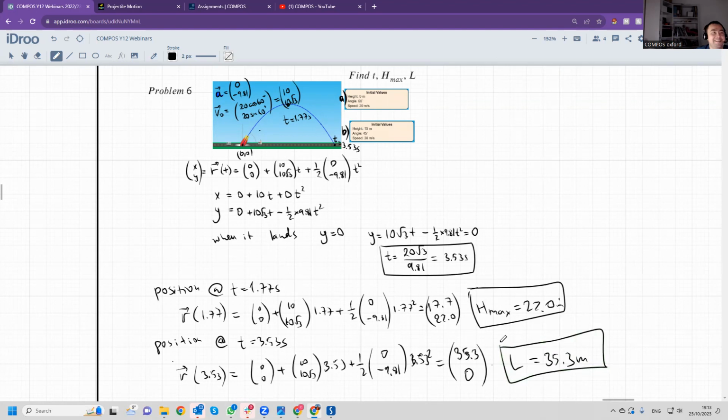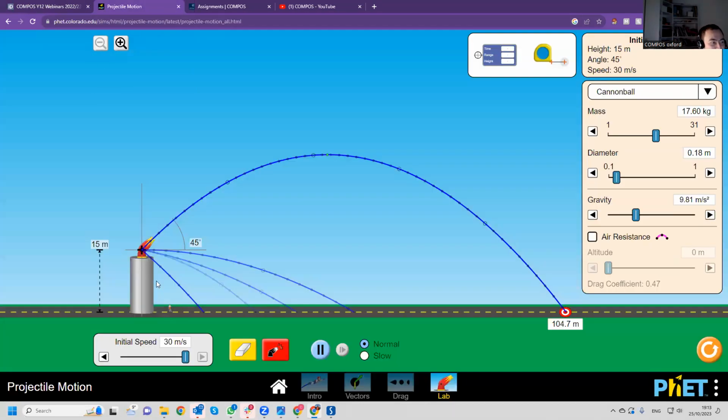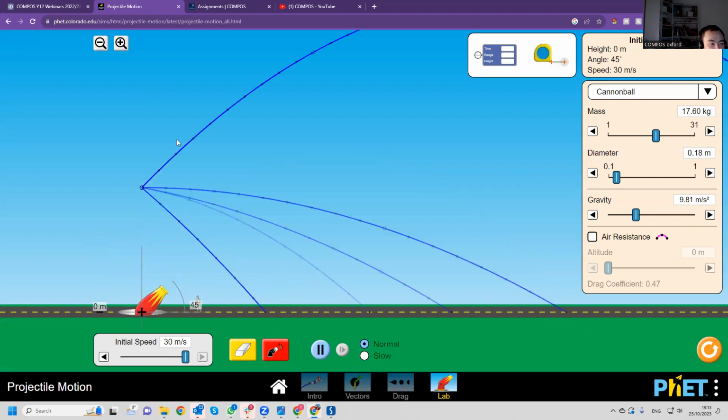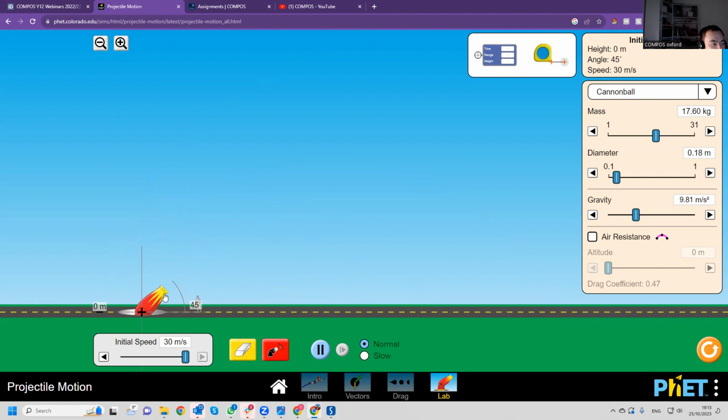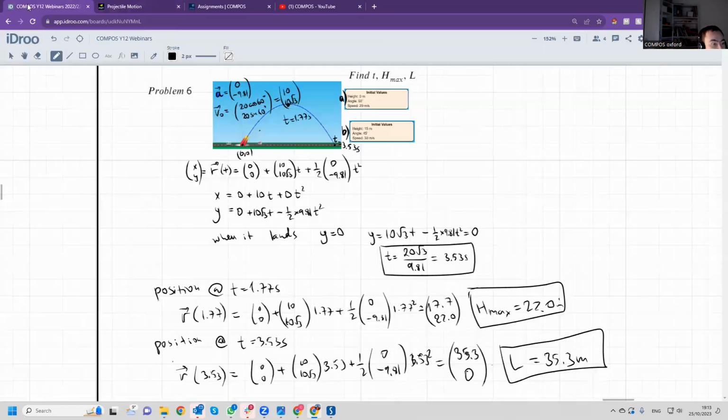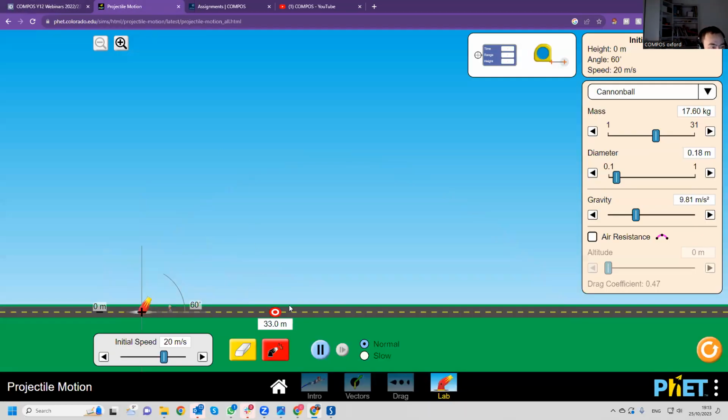Okay. And now my favorite part, we actually do the experiment. So we have the cannon, 0 meters tall, and 60 degrees, and 20 meters a second. And we predict that it will land how much? 35.3 meters.